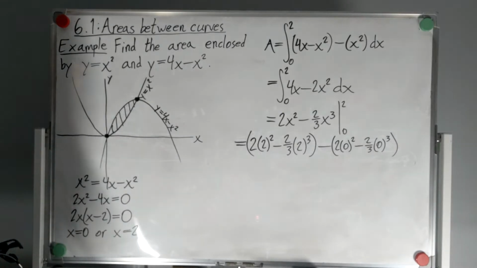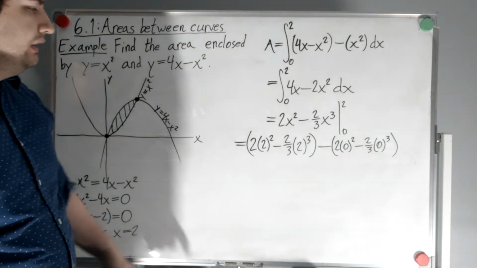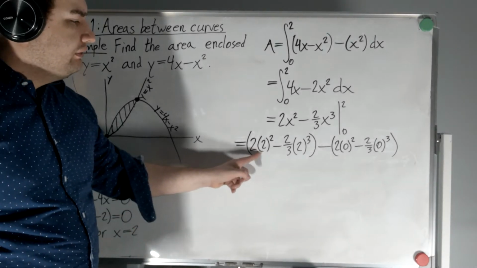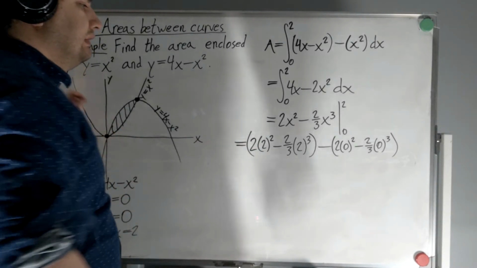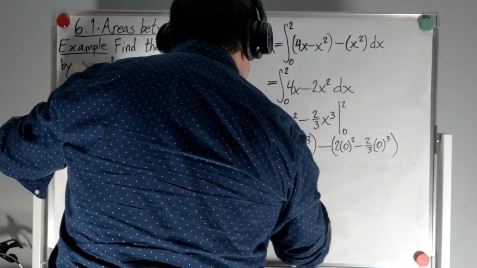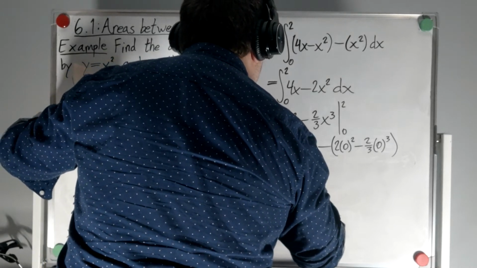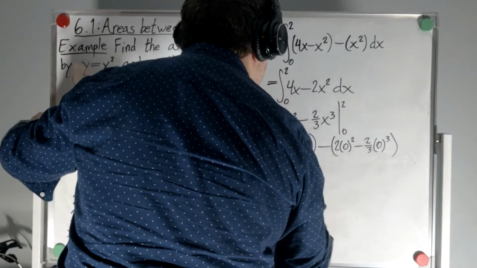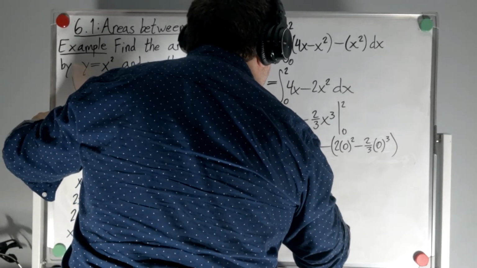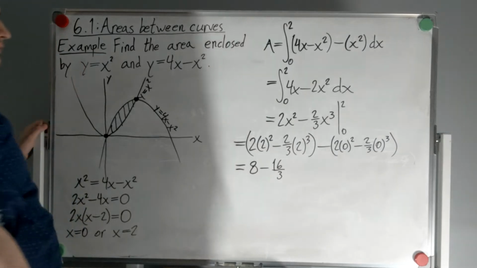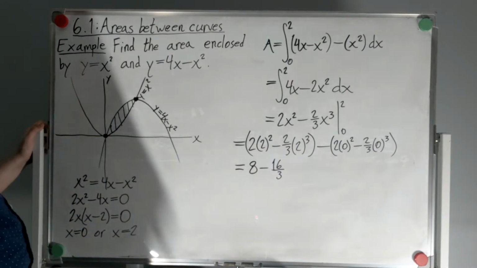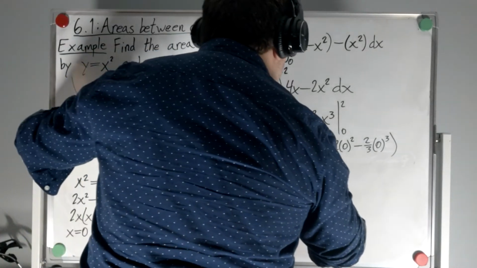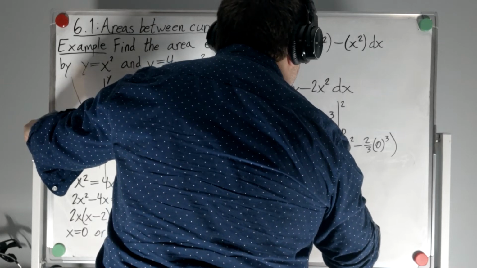Again, how we choose to write it is not a big deal, but this is 8, and this is minus 16/3. Eight is 24/3, so this altogether comes out to be 8/3.